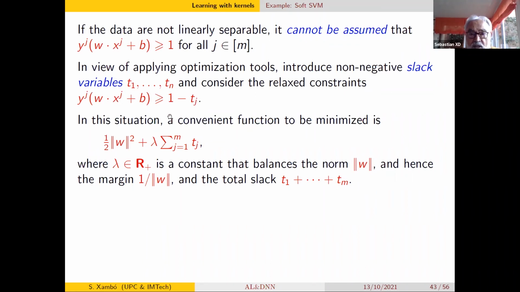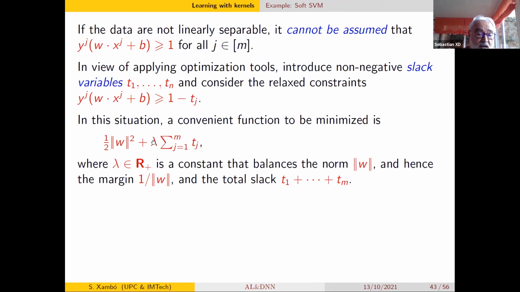The Tj are positive. In this situation, a convenient function to be minimized is, again, a term with the norm of W, because this is the part controlling the linear terms. But you also want to control the total slack, which is the sum of the Tj. Now, balancing these two things is always the same game.